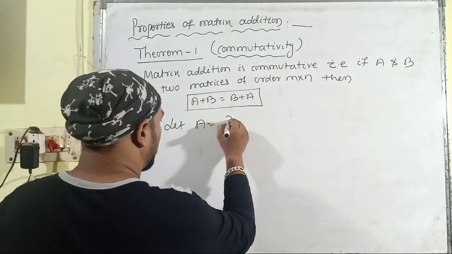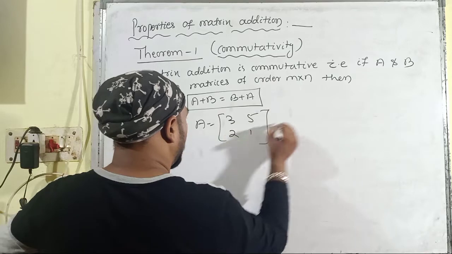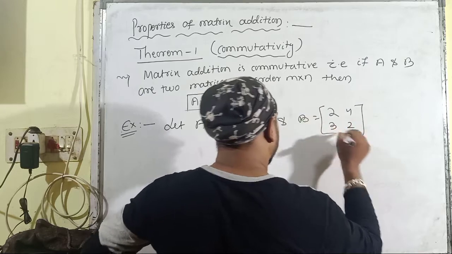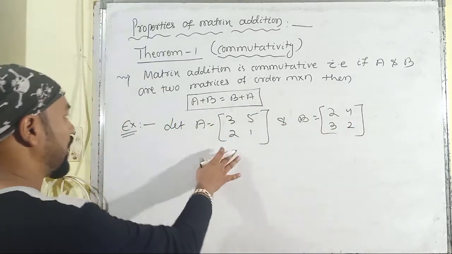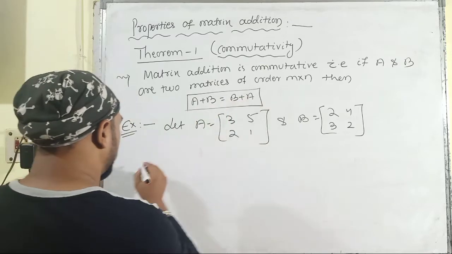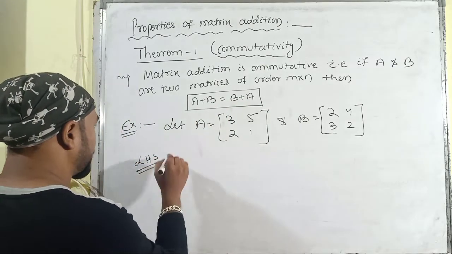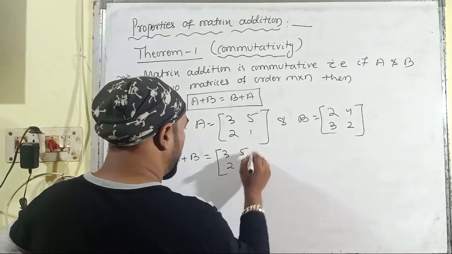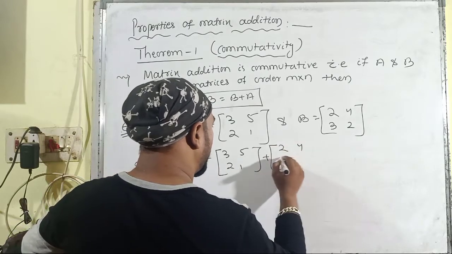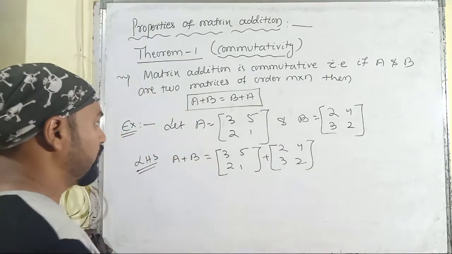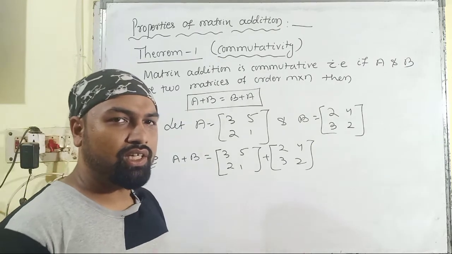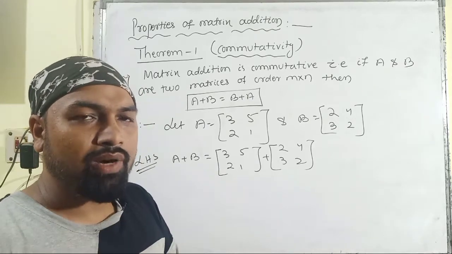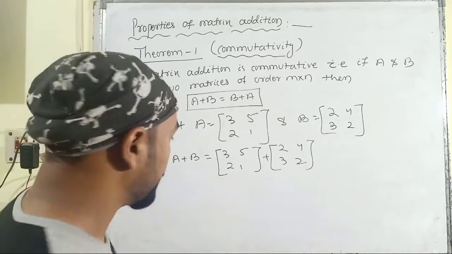Let A be equal to [3, 5, 2, 1] and B be equal to [2, 4, 3, 2]. So we have to show that A plus B is equal to B plus A. First of all, let us go through the left hand side, which is given by A plus B. So it is [3, 5, 2, 1] added with [2, 4, 3, 2], and from the fundamentals of matrix addition we know that two matrices of the same order can be added with each other, and the resultant matrix is obtained by adding the corresponding elements only.